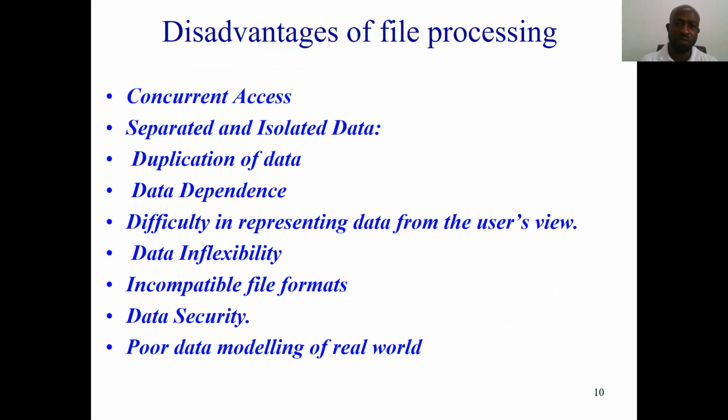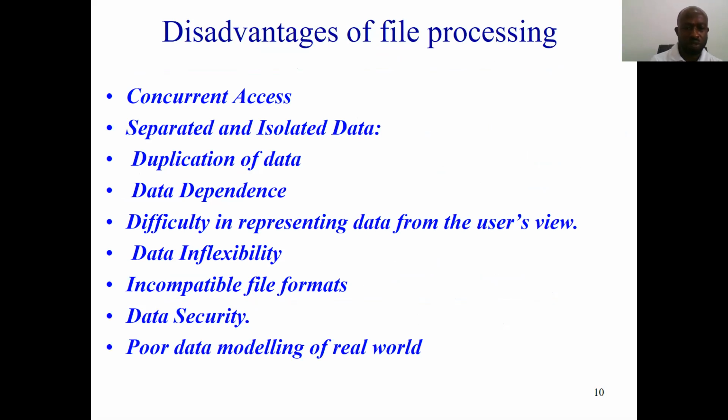Now let's look at some of the disadvantages of a file processing system. There is no concurrent access, separated and isolated data, duplication of data, data dependence, difficulty in representing data from the user's view, data inflexibility, incompatible file formats.